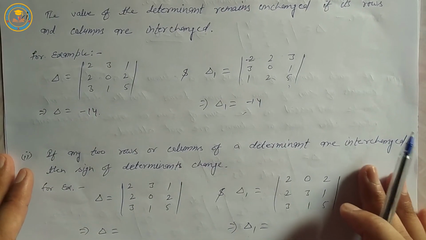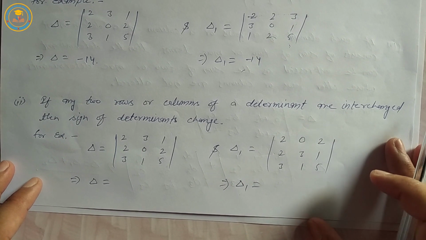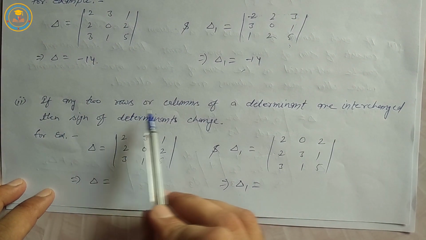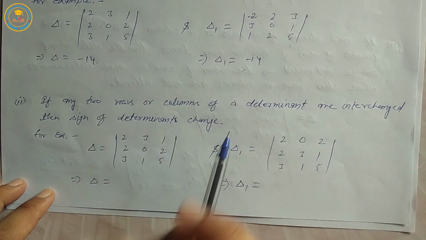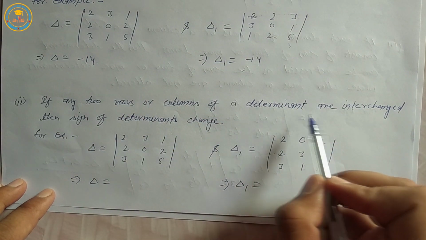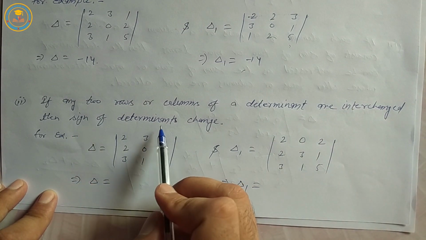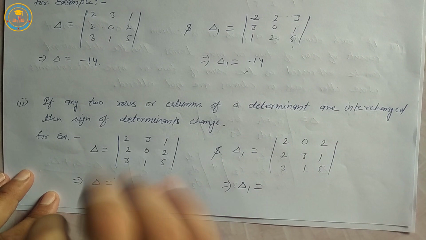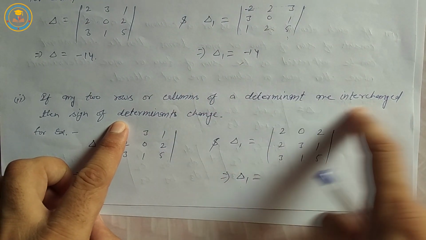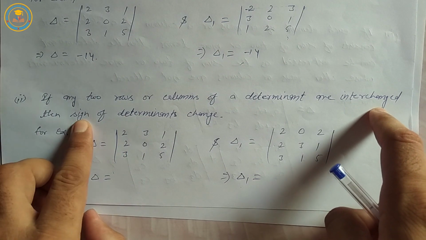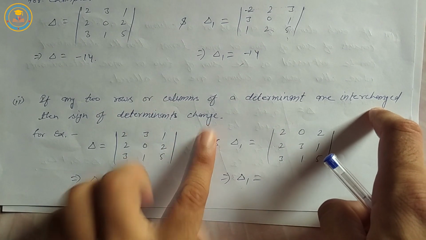Second property: if any two rows or two columns of a determinant are interchanged, then the sign of the determinant changes. Okay, only the sign of the determinant changes.